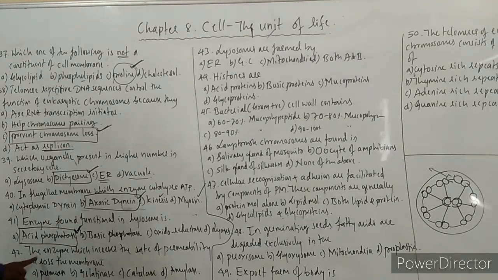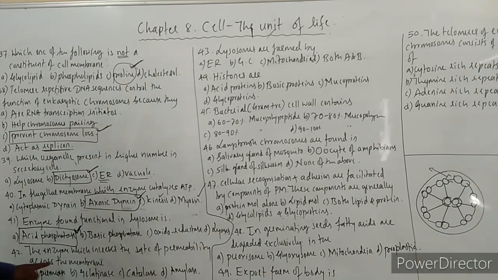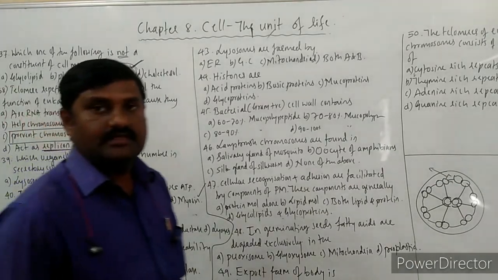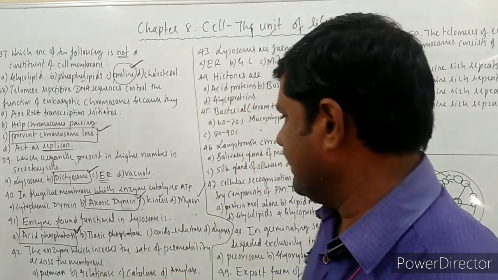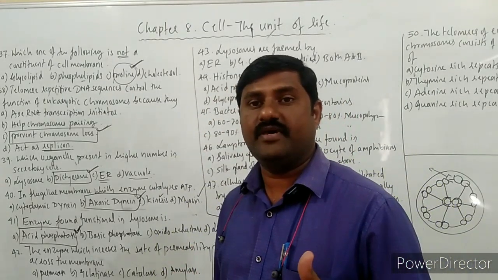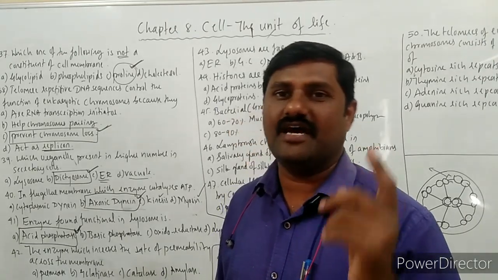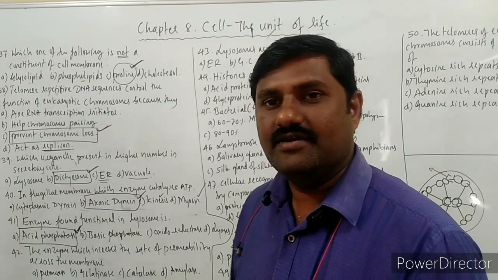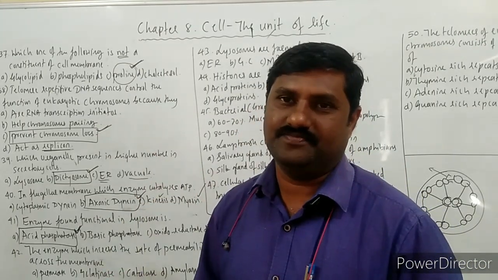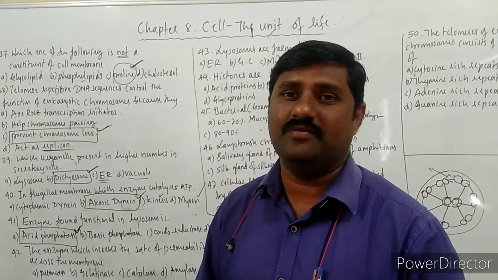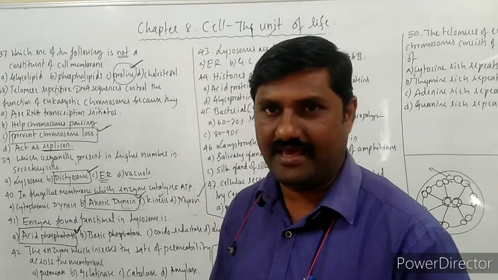Next question. The enzyme which increases the rate of permeability across the membrane. The rate of permeability is enhanced by which enzyme, right? So here, permease is the name of the enzyme which enhances the permeability of the membrane, right?